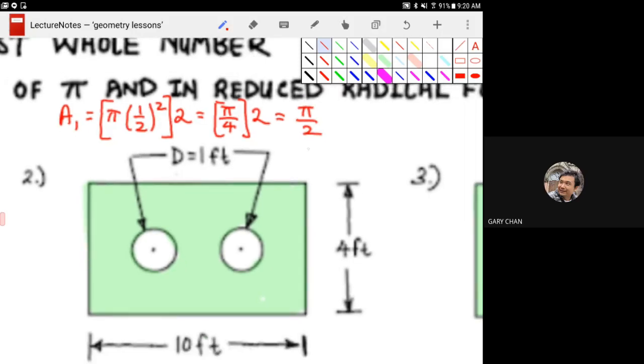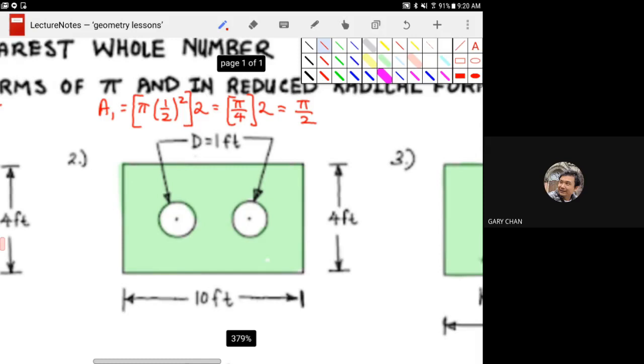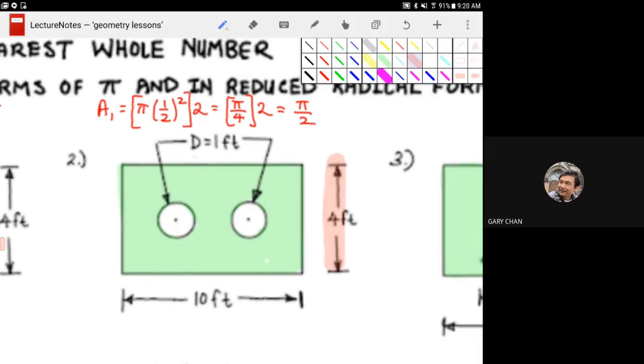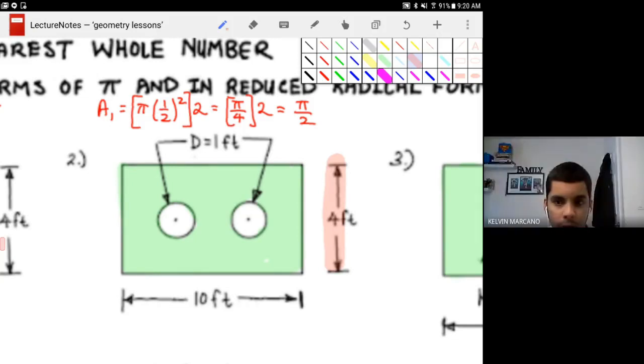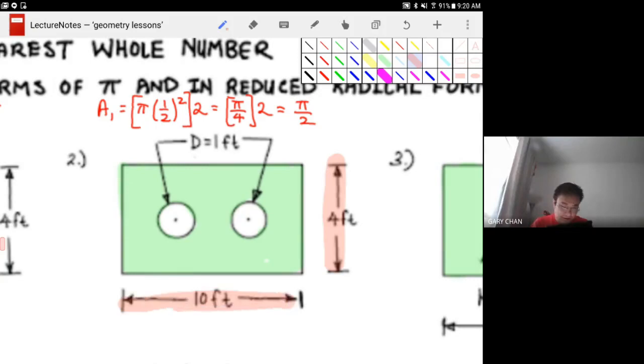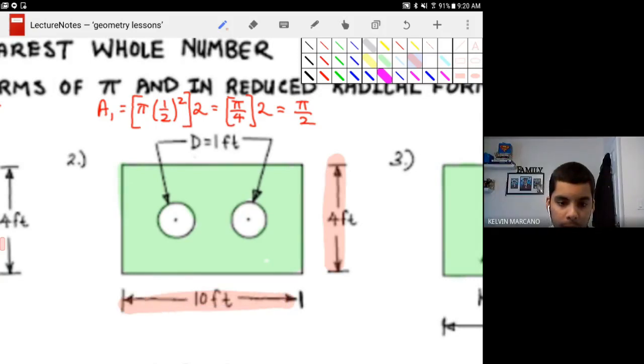Okay, and then I've got to figure out the area of the rectangle. Kelvin, what's the height of the rectangle here? 4 feet. And the width? 10 feet.